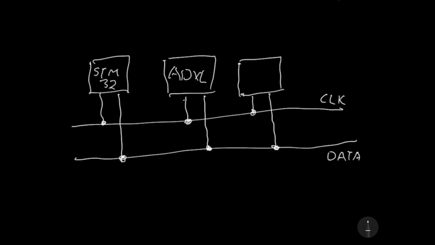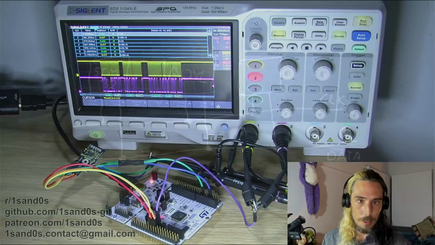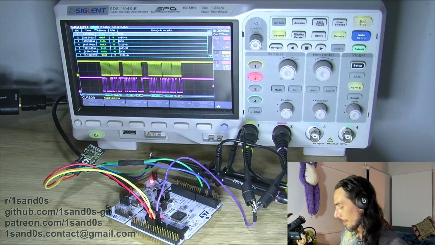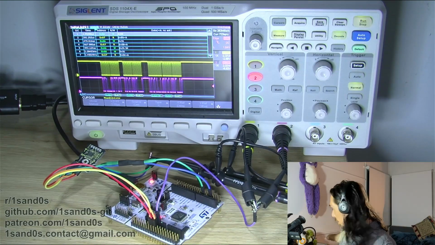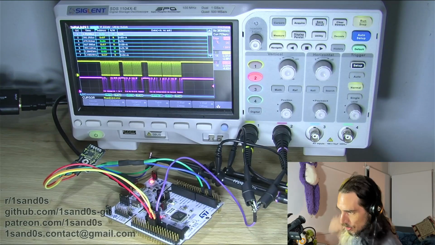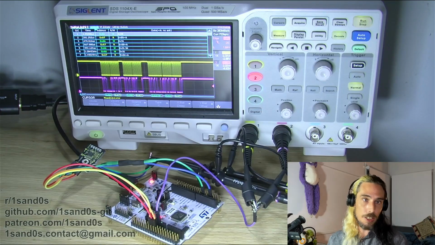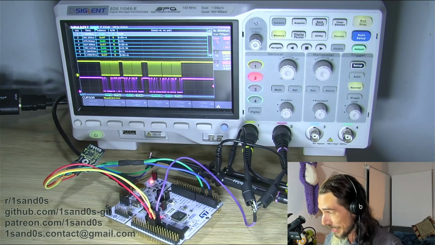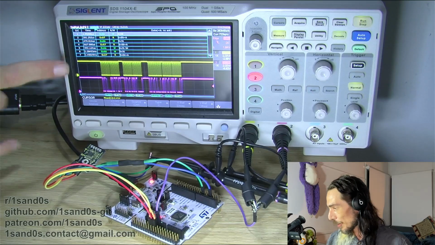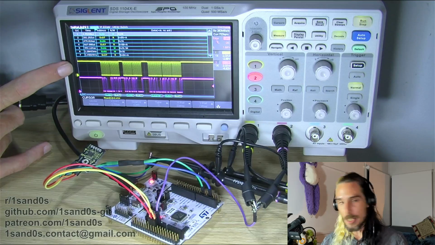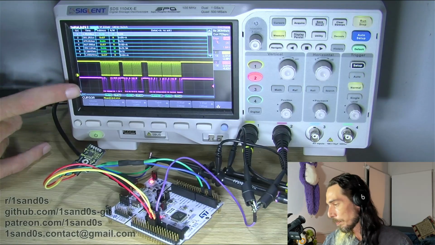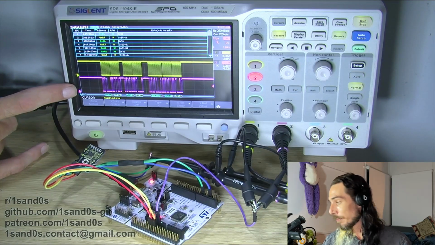So if we jump back over to this one here, and just pop that guy over there for the moment. We can see on the oscilloscope screen, we've got our yellow signal and we've got our purple signal. So our yellow signal is our clock line and our purple signal is our data line.